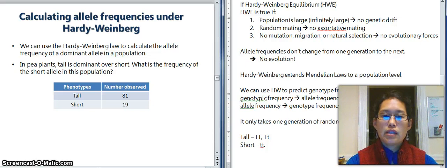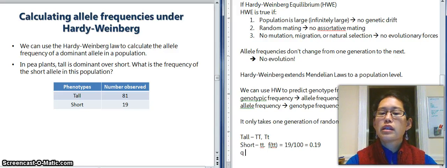Now we have 19 short plants out of 100, so our frequency of little t little t in our population is 19 divided by 100 equals 0.19. That's our frequency. So from this, how do we get Q?